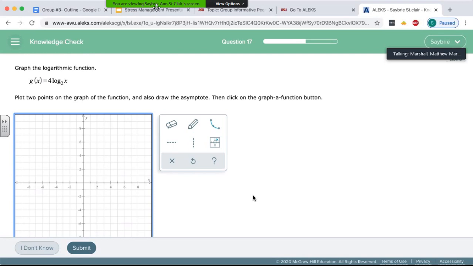It does, okay. Just trying to get mine working here. So y equals 4. Are you seeing it? Where is log?